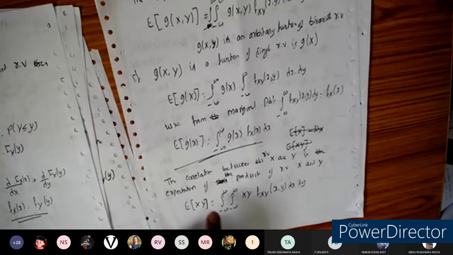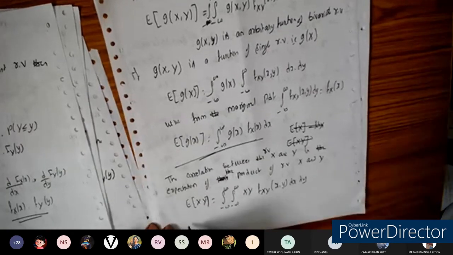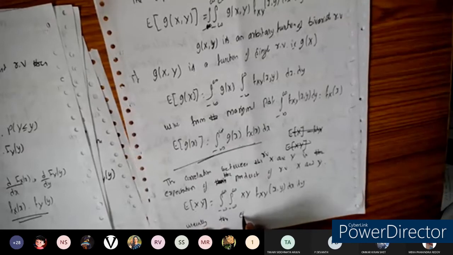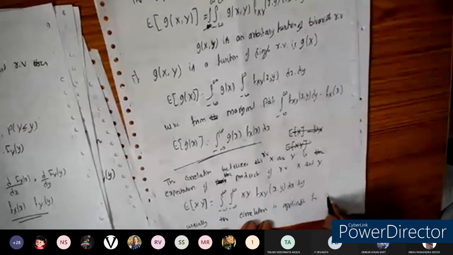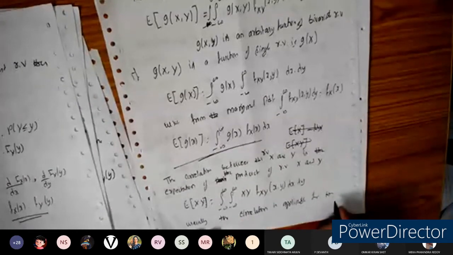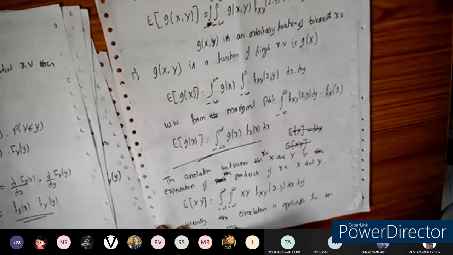Usually this correlation is used with zero mean bivariate random variables. So you can take it that the correlation is applicable for zero mean bivariate random variables.